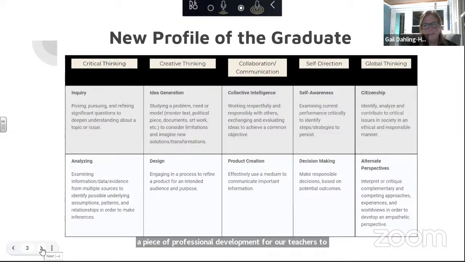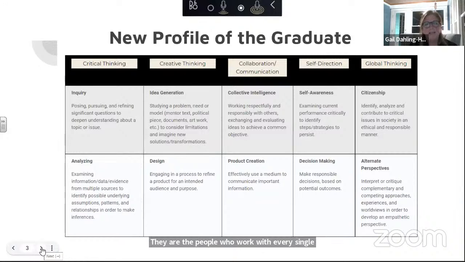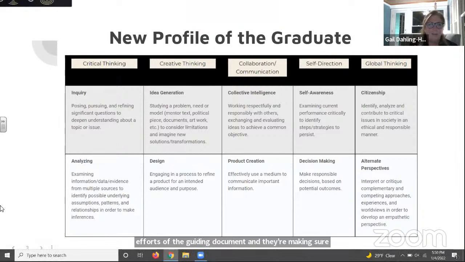But the people who you see in this room are the people who facilitate all of that writing. They are the people who work with every single team who is writing to make sure that they're lifting the best efforts of the guiding document, and they're making sure that our promised outcomes for all students are there. So that team has to have this really in-depth understanding of what this document means. So every single teacher who's a writer is using the guiding document.